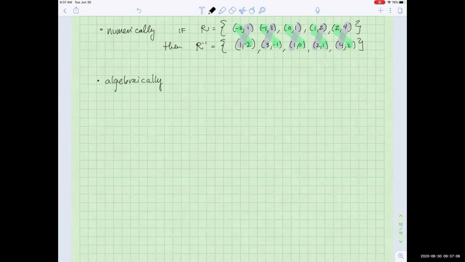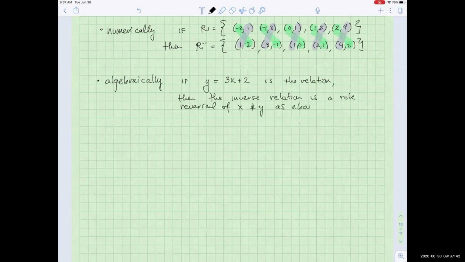Algebraically, if y is equal to 3x plus 2 is the relation, then the inverse relation is a role reversal of x and y as above.